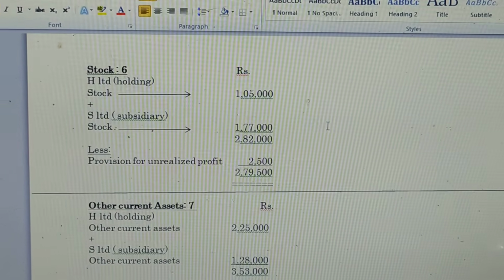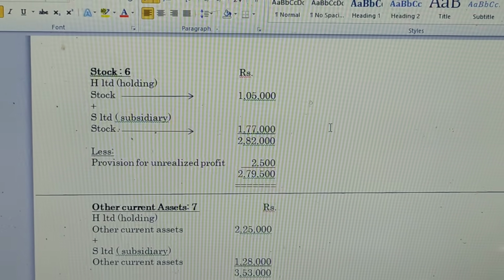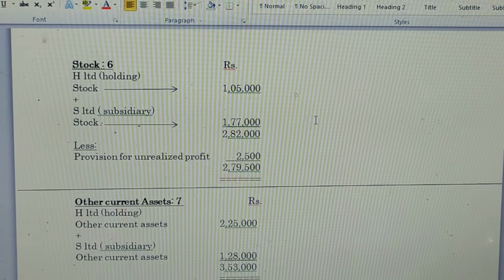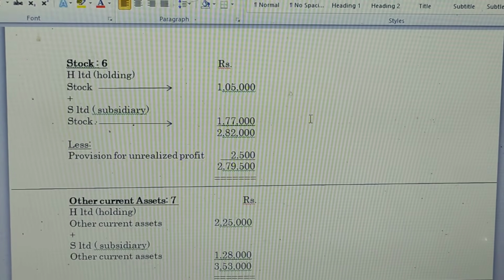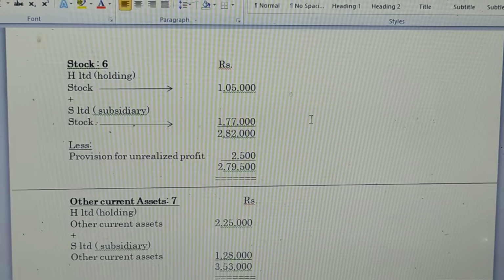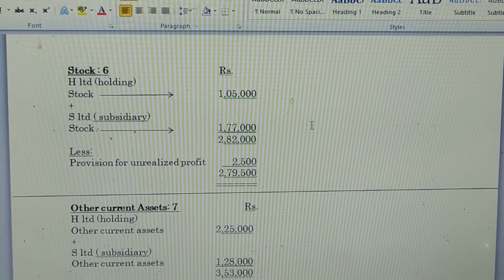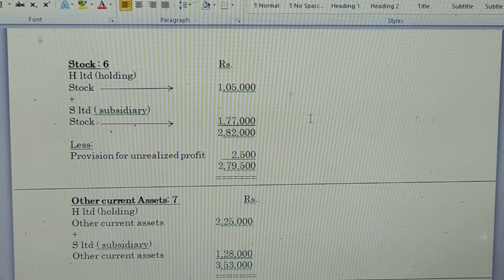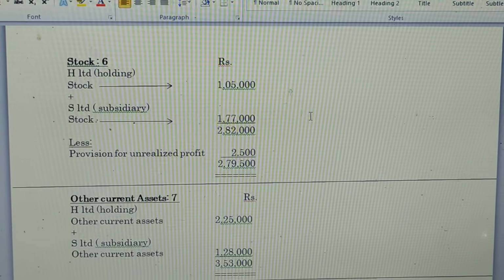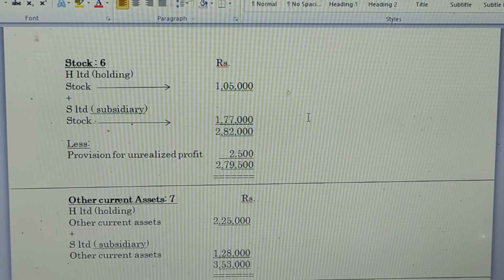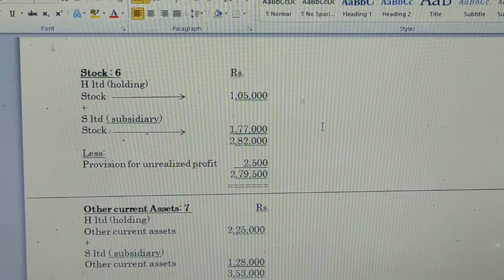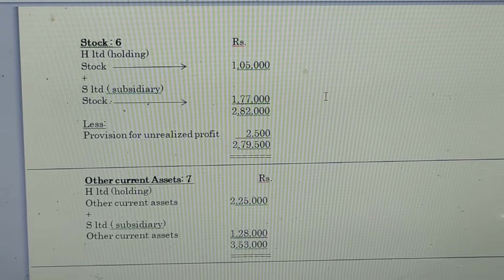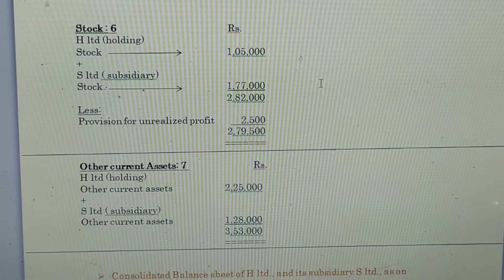The total stock value is 2,79,500. First, we add the two amounts 1,05,000 plus 1,77,000. We get 2,82,000. Then less provision for unrealized profit. The amount is rupees 2,500, which we have already calculated. That amount will be deducted from the above amount of 2,82,000. So 2,82,000 minus 2,500, we get 2,79,500. That is the note number 6 total.